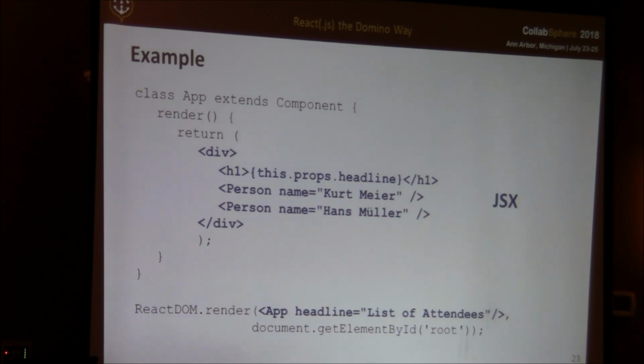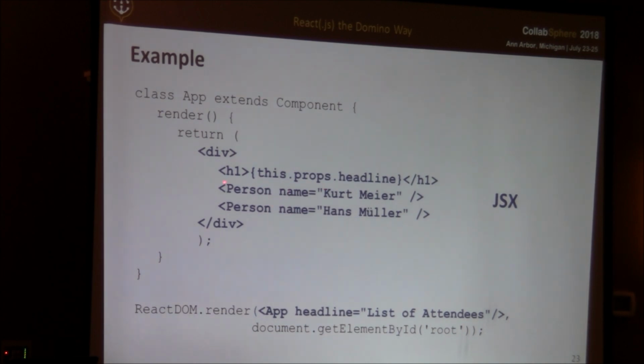This was all JavaScript, and this doesn't look like JavaScript. This is JSX, the JavaScript extended. That is an invention of React. You can define HTML text here, all you want, and you can add your own components.